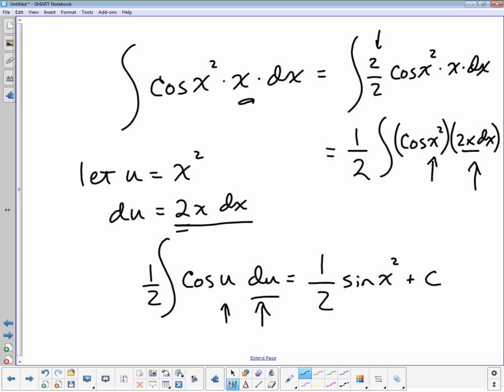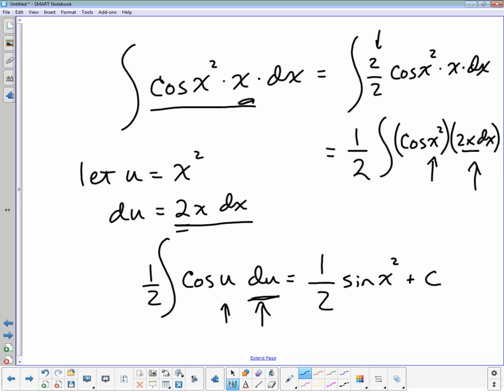When you say with respect to something, it means that you're looking at it in that context. And here, we're integrating in the context of looking at x. So what I'm going to do to make my life a little bit easier here is think about it in terms of u.